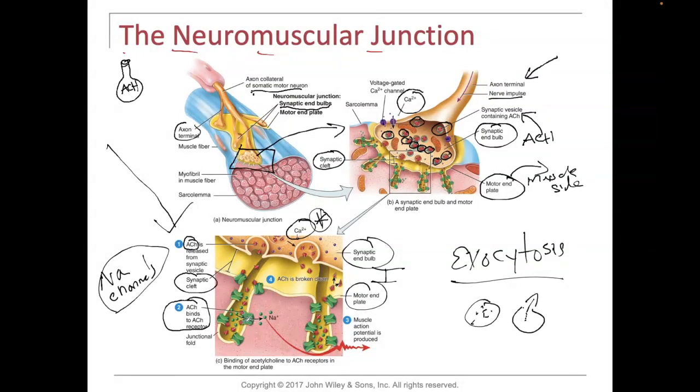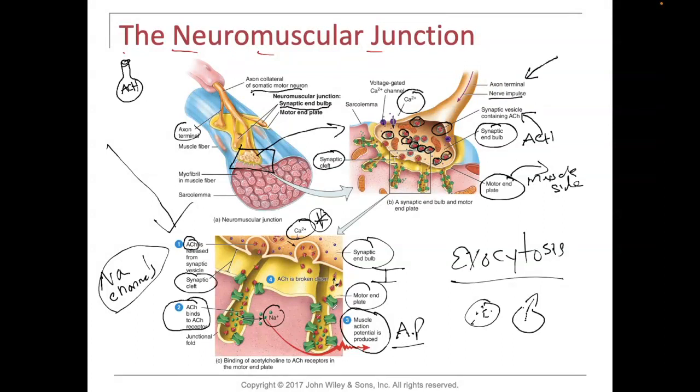When acetylcholine binds to that channel or that receptor, the gate opens and sodium rushes in. And when sodium rushes in, that's what creates an action potential. We'll abbreviate action potential with AP.